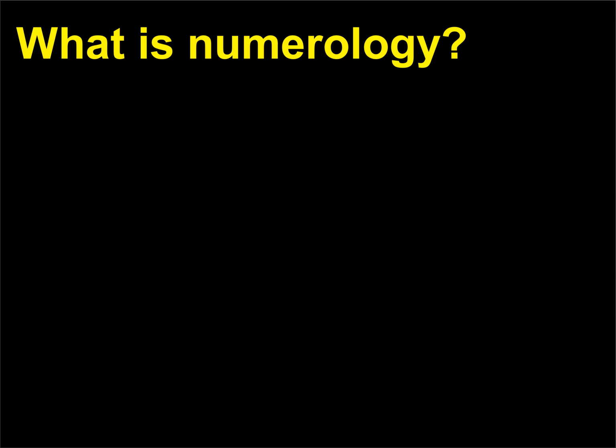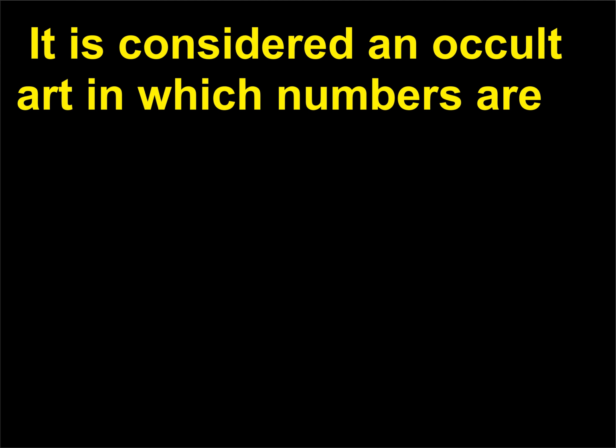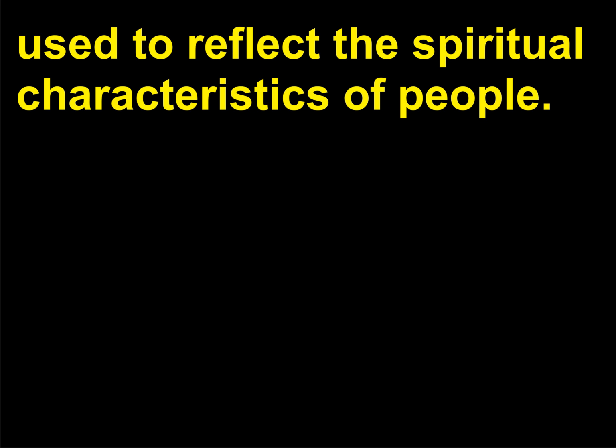What is numerology? Numerology is the study of the supposed influence numbers have on human affairs. It is considered an occult art in which numbers are used to reflect the spiritual characteristics of people.